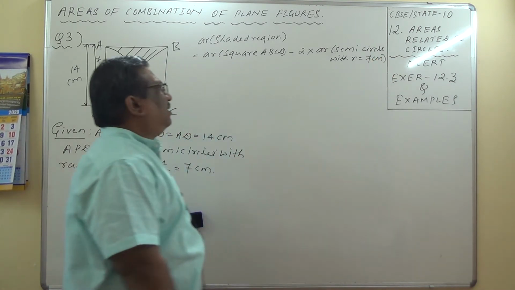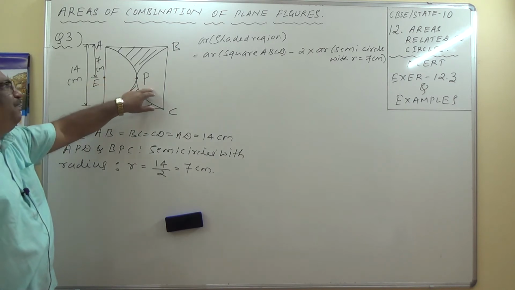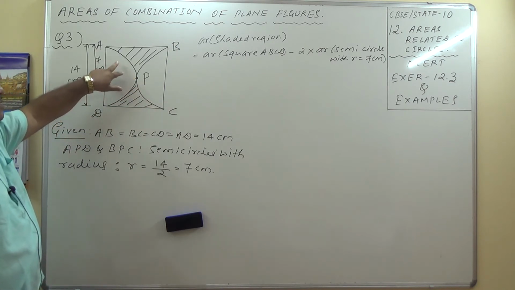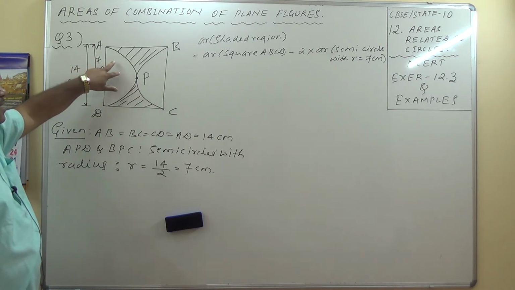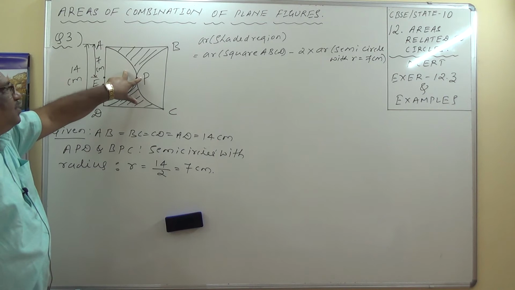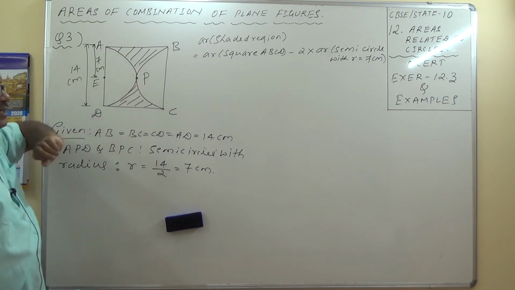So it is a semicircle with radius 7 centimeter. Why do we have to consider 2 semicircles? Because the radius is the same for both the semicircles, and if you subtract the area of these 2 semicircles from the area of the square, then you get the area of this shaded region.